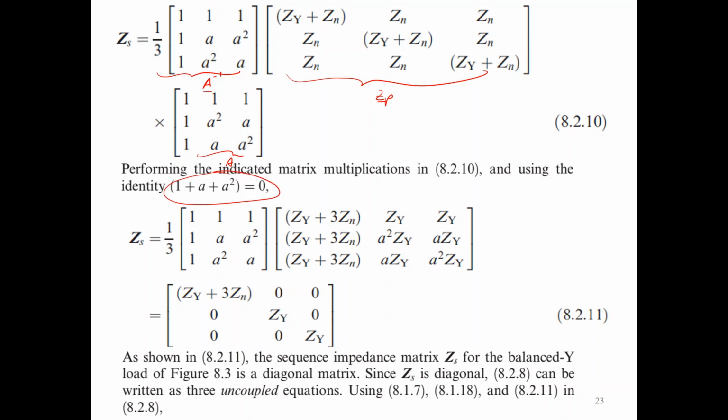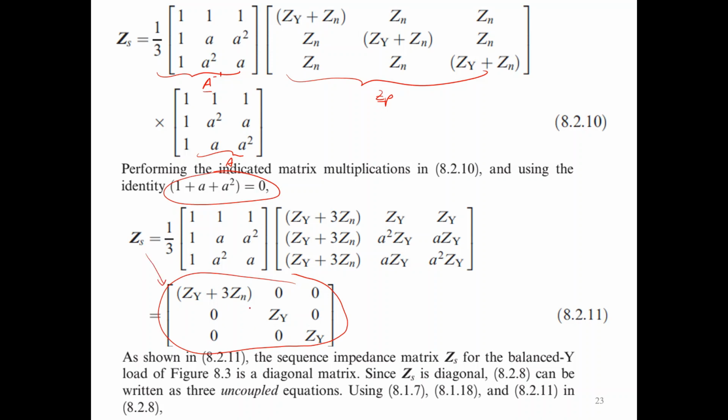You just manipulate this, and the result of this calculation is this guy here. After performing the matrix multiplication and using the identity, the sequence impedance can be reduced to this form.